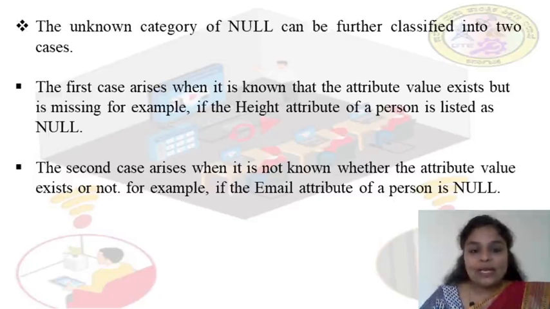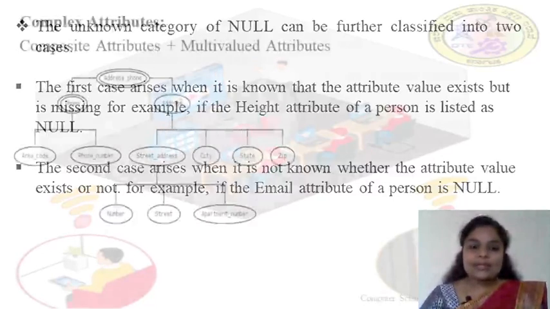In the first case, the value will be there for sure. The height of a person, every person will have their height. Every person will have their own blood group. But in the second case, not each and every individual will have an email ID. They won't have any value. In that case, we are going to fill it as null. In the first case, the value will be there, but we don't know that value. In that case also we're going to use the null value in order to fill the particular field.